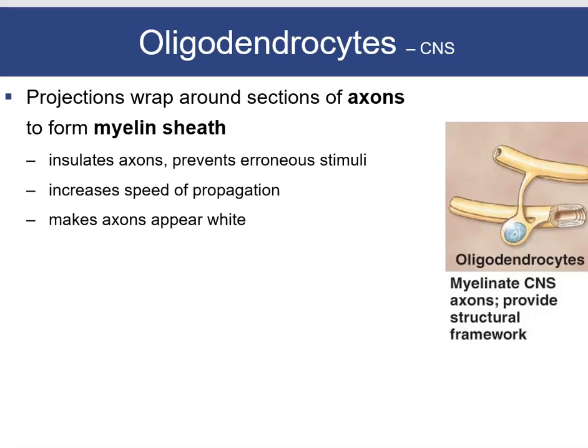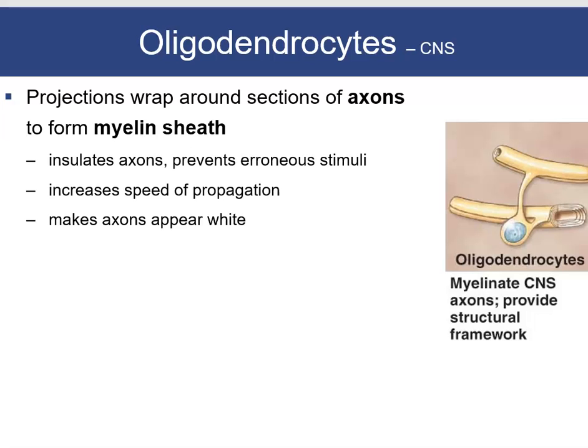Next in the central nervous system are the oligodendrocytes. They have projections that they send off to wrap around sections of axons to form a myelin sheath. One oligodendrocyte can wrap itself around many axons and make this myelin for many axons all at the same time.